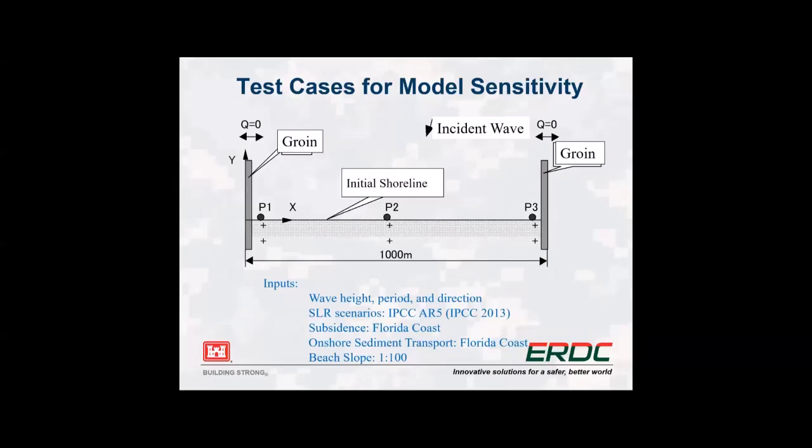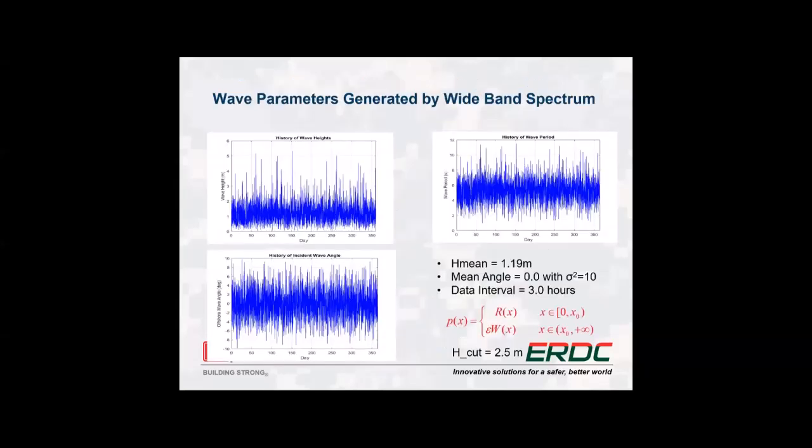We did a test case, or Jan did a test case, for the sensitivity to the various conditions, where we had essentially infinitely long groins on either side, so we wouldn't get sediment transport outside of our test. And then just a flat initial shoreline.